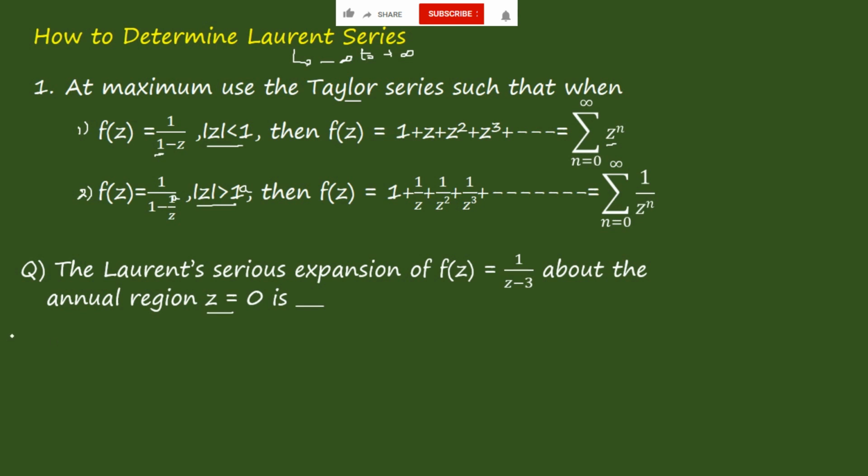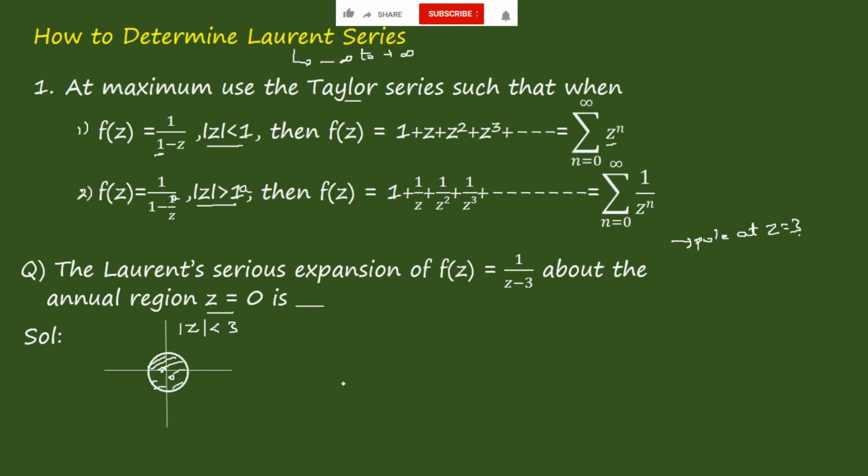For this one, the first step is to consider this point as 0 and this as the function. First we define it for mod z less than 3. We have 1 by z minus 3, so there is a pole at z equal to 3. So first we define for mod z less than 3, then we'll have this particular term.